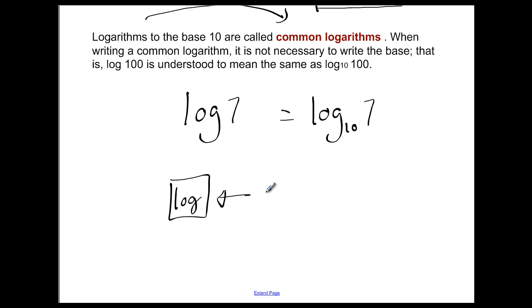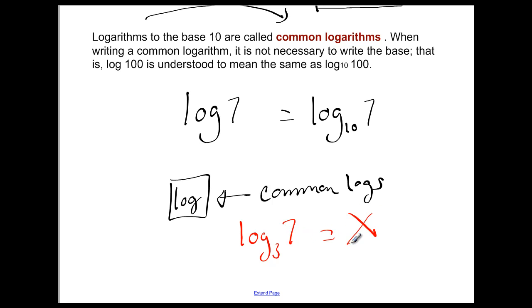That log button only calculates common logs. What I mean by that is if I had a log base 3 of 7, I can't do it right away on the calculator. I don't know what it is. There is a way to do it, and in future lessons we'll be able to do that. Or you could do a quick Google search and figure out how to solve something like this.